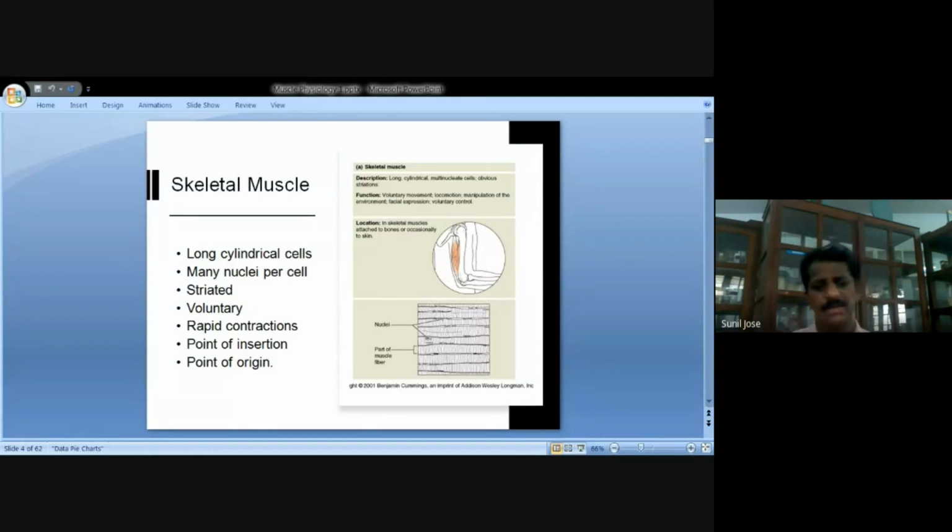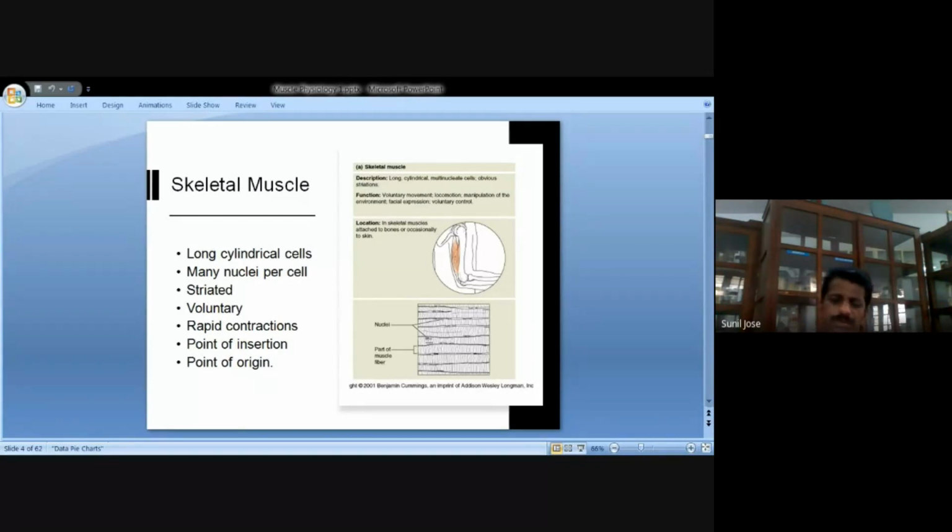So that is another nature. Skeletal muscles are striated muscles, and they are known as voluntary muscles because they are under the control of our will. Another point about skeletal muscle is that these are fast moving muscles.